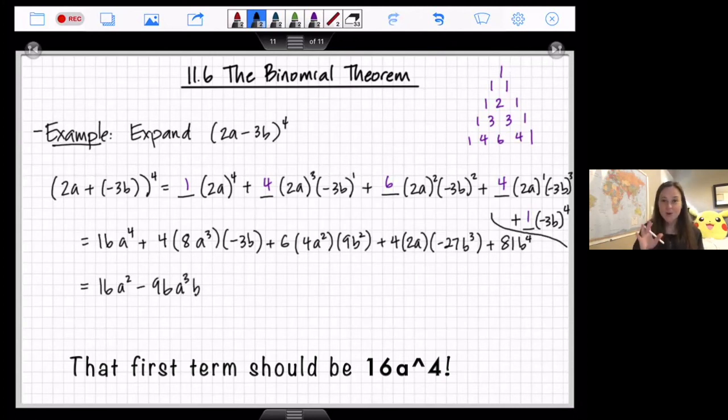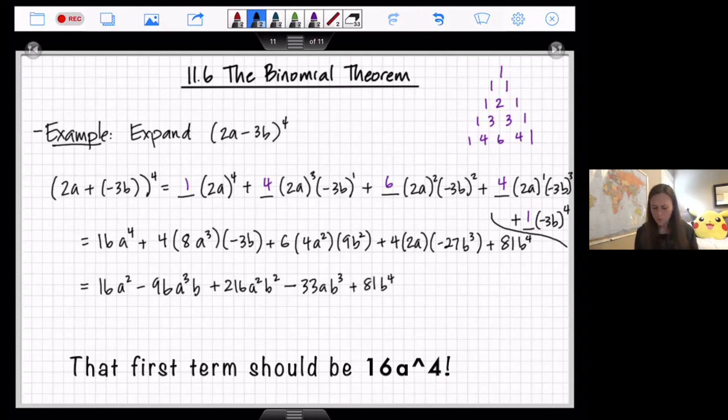And then in the next term, all the numbers, 6 times 4 times 9, got 216 a squared b squared. My next term is going to be negative because I got 4 times 2 times negative 27. And I get negative 216 a b cubed. And then my last term is 81 b to the 4th.